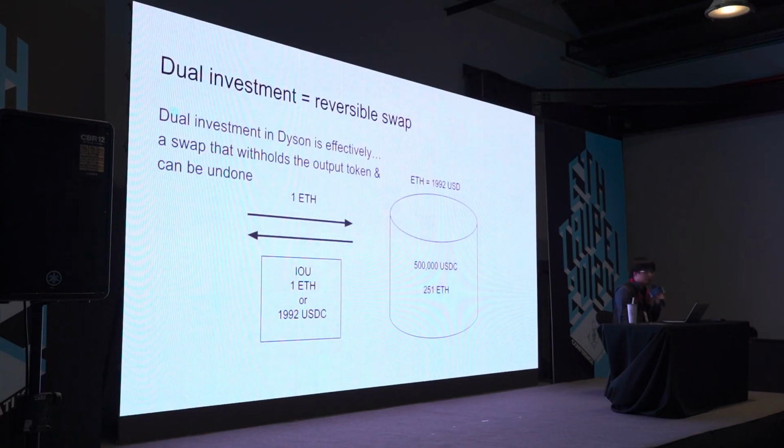But there's one extra condition, which is that the protocol retains the right to undo the whole swap. If the note will take place for 3 days, then supposedly 3 days later you should get your 1992 USDC.